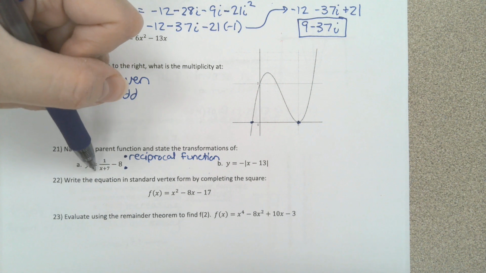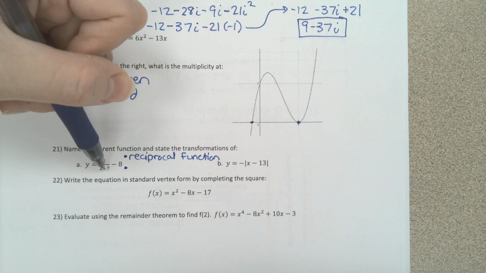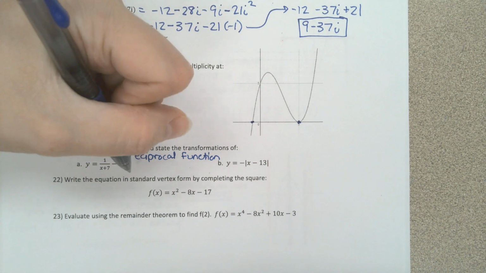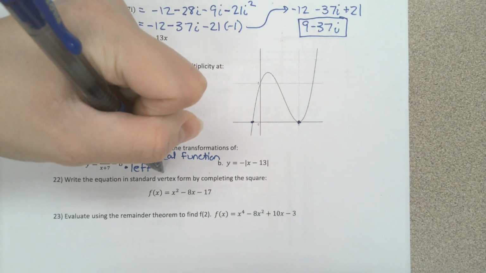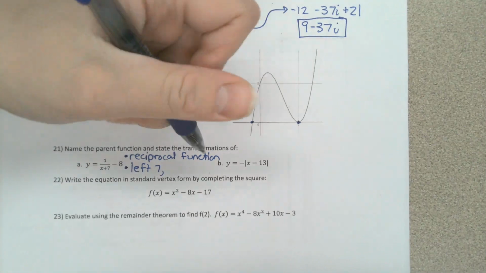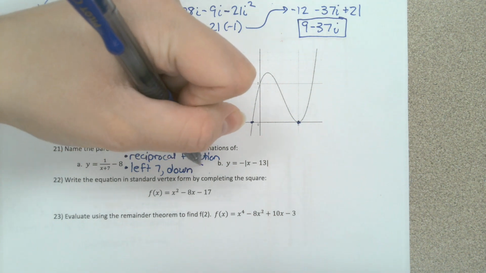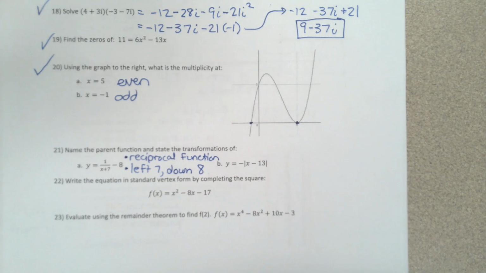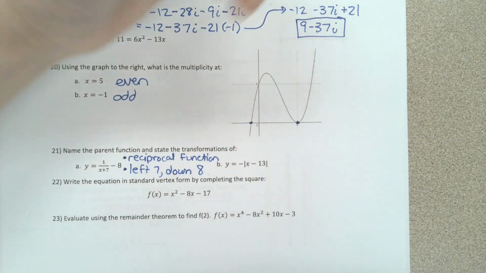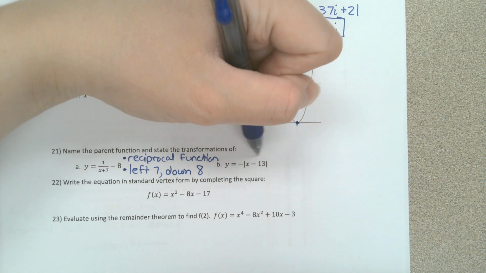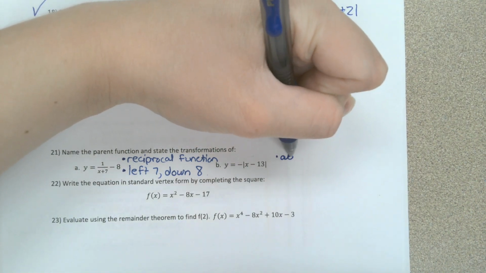Transformations. x plus 7, we read it as the opposite. So we would think of this as a right 7, but it's actually left 7. Minus 8 is exactly what you'd think. This is down 8. And then B, this you should recognize as the absolute value function.